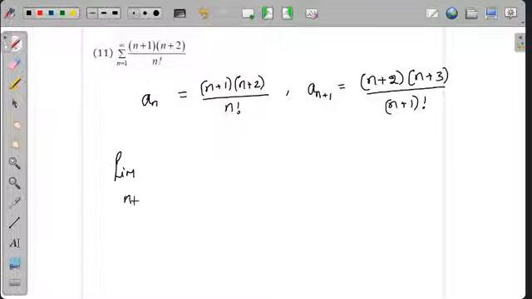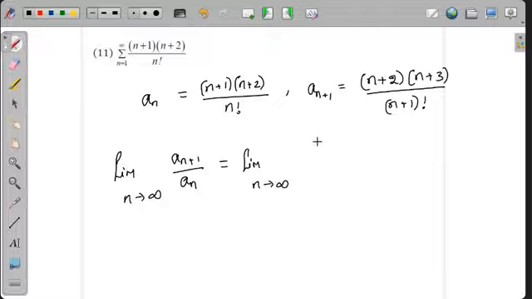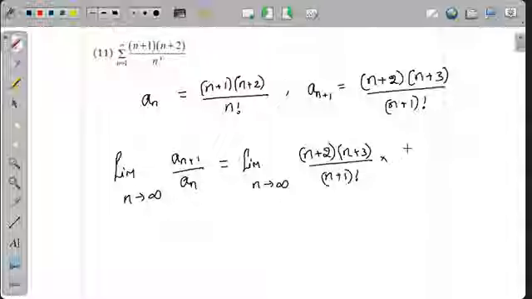So limit n goes to infinite, an plus 1 over an. So the ratio is limit n goes to infinite. First we need to write an plus 1, that is n plus 2 times n plus 3 times n plus 1 factorial, times the other.